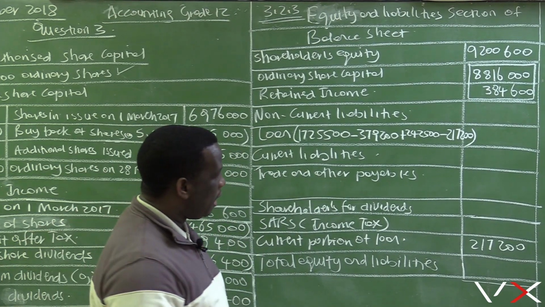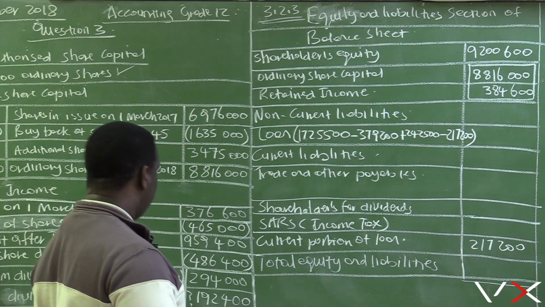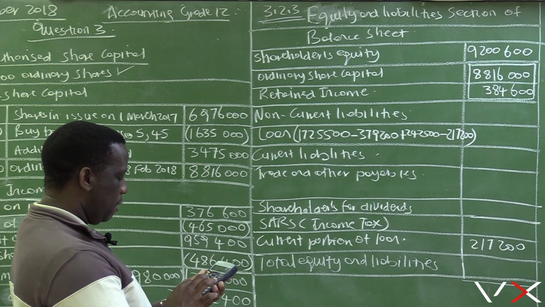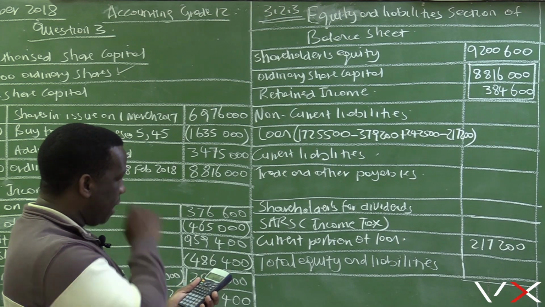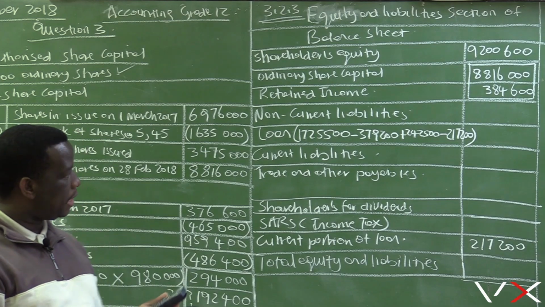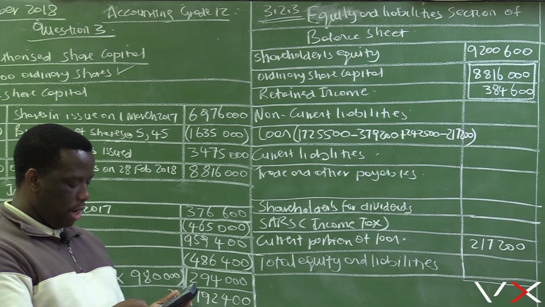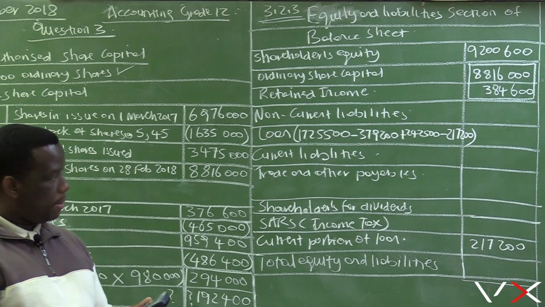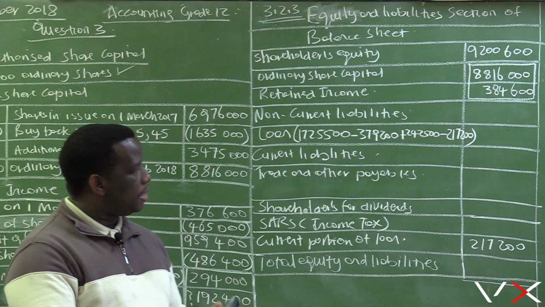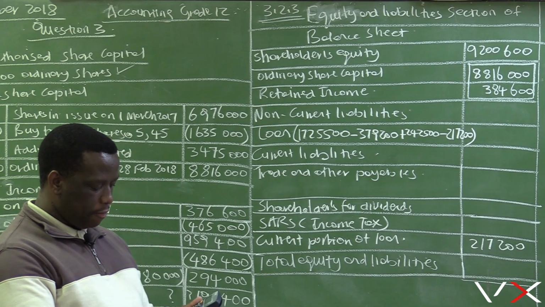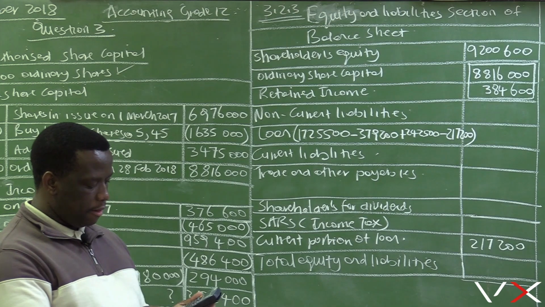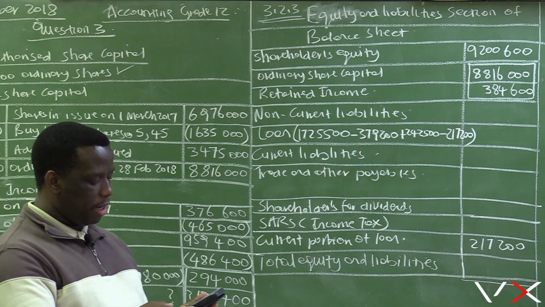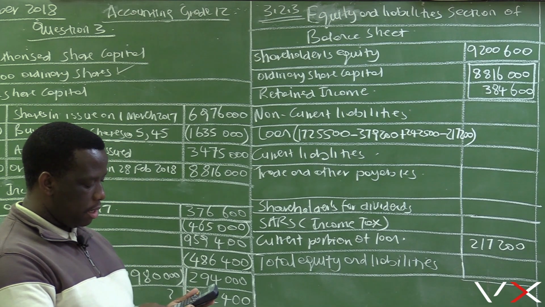Right, so let us then calculate how much is left under non-current liabilities. We have 1,725,500 minus annual repayments of 379,200 plus interest, capitalized interest of 242,500, minus the current portion of loan, which is 217,200.